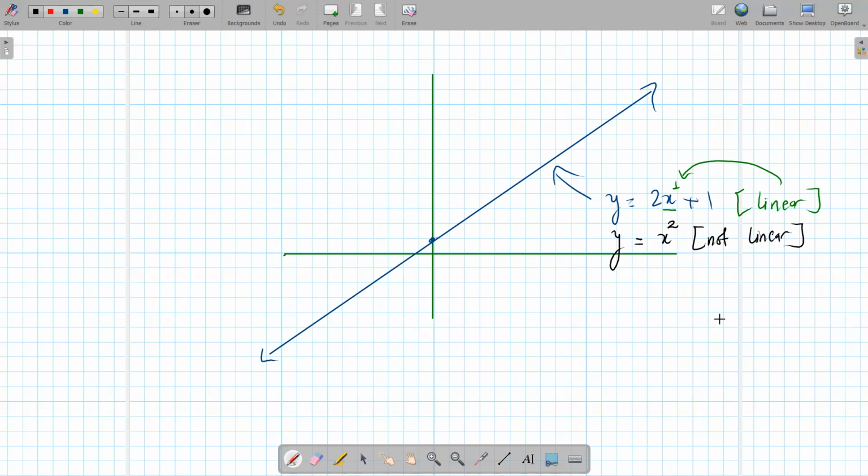Now, what could that possibly look like graphically on this graph? We can graph it. We can even graph y equals x to the power of 100. We can graph anything, but let's not worry about that. Let's just go to the next step. X squared. Any ideas what that could possibly look like?